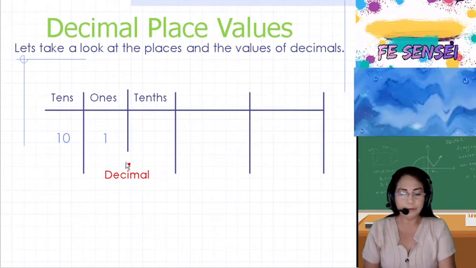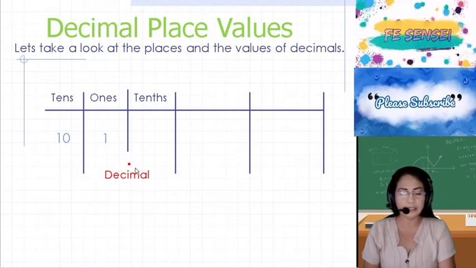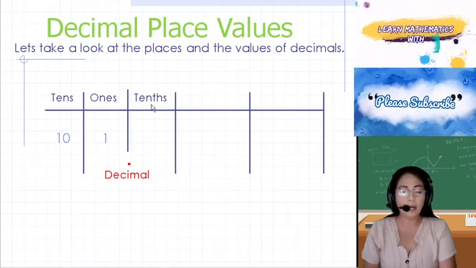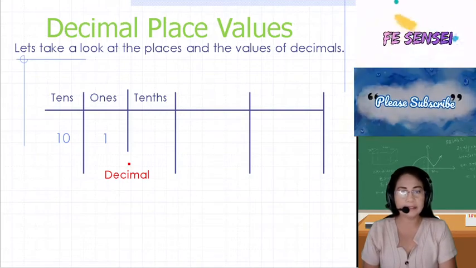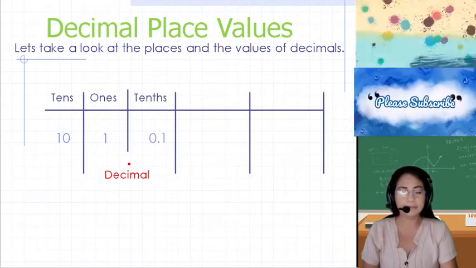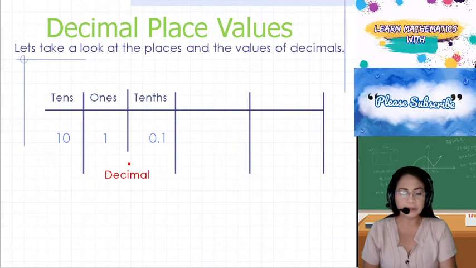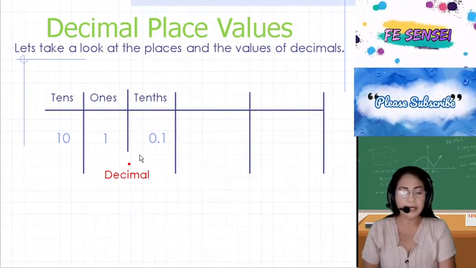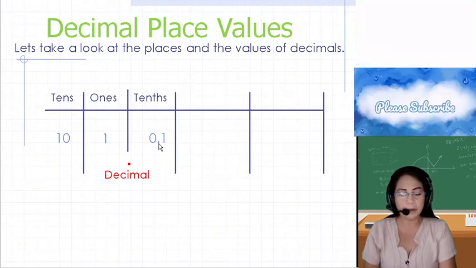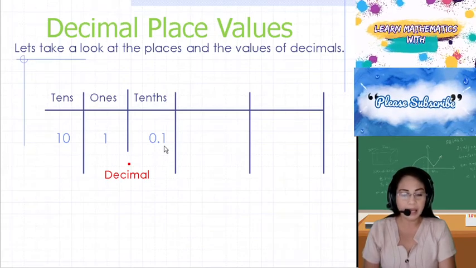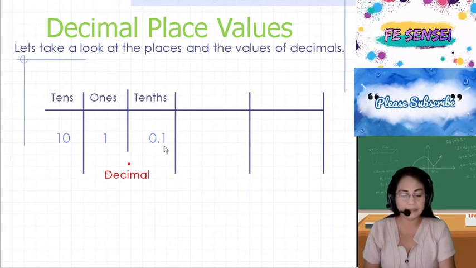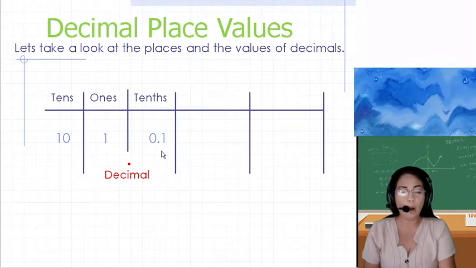Then, the first number after the decimal point is what we call the tenths place. And this is 1/10.